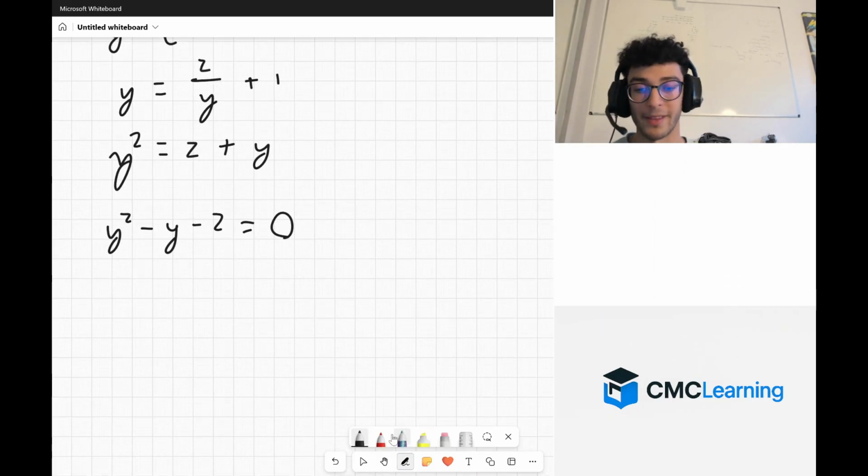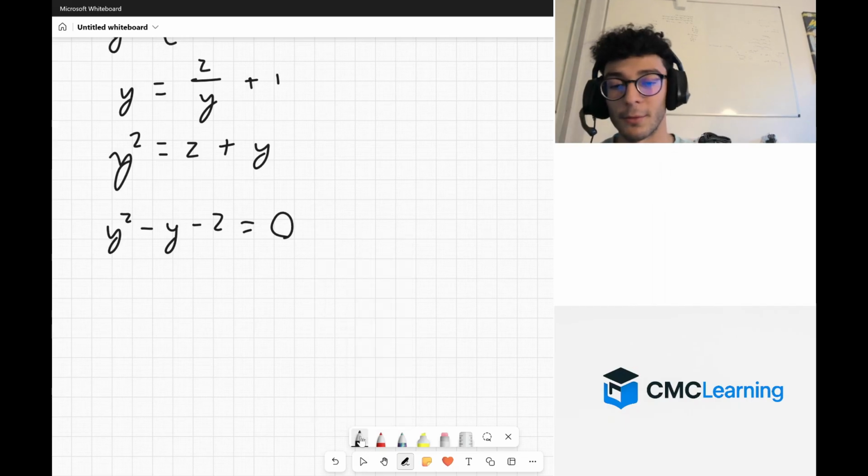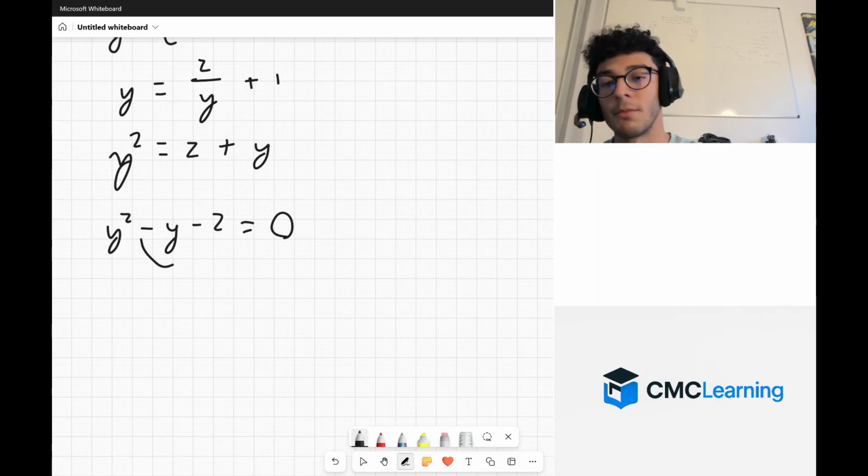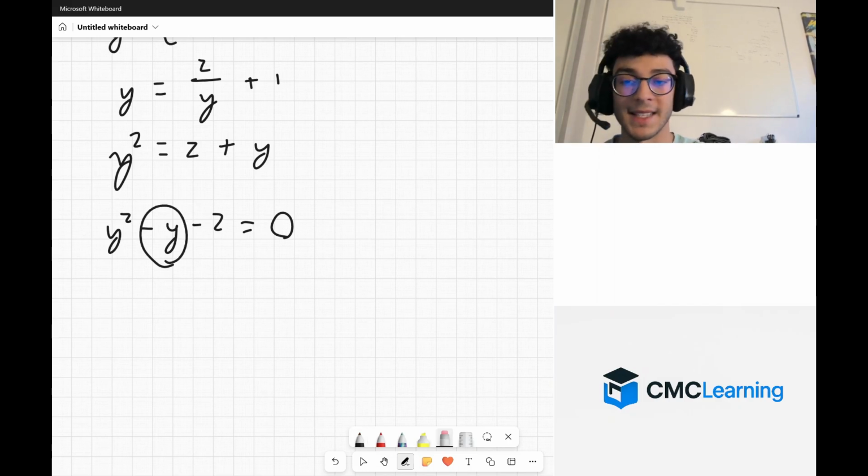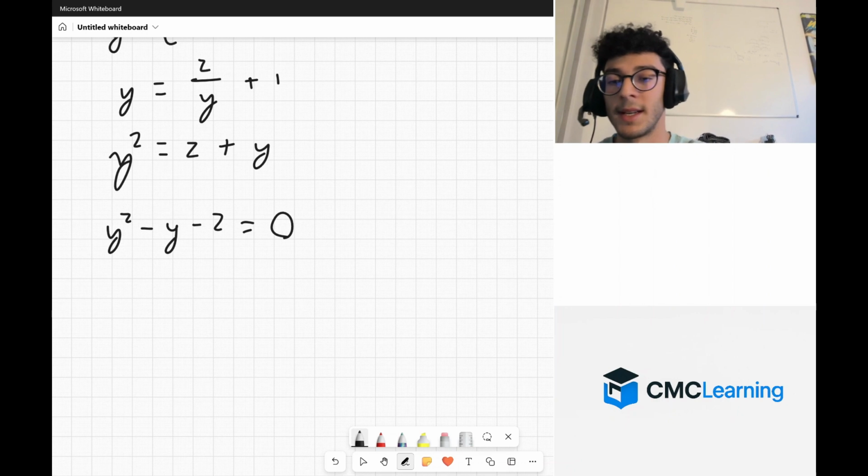And we'll soon be able to substitute that back in order to get our final answer. But right now, we need to factorize this. Let's find some sort of pair of terms that multiply to make minus 2, but then sum to make negative 1. So this is a classic trick with quadratics, as I'm sure you know.